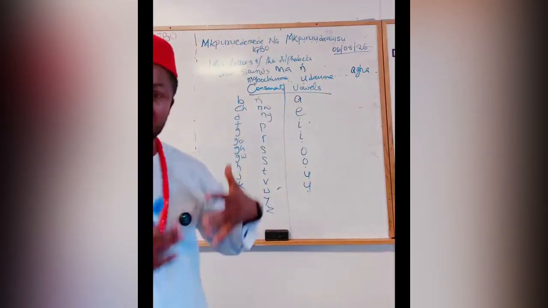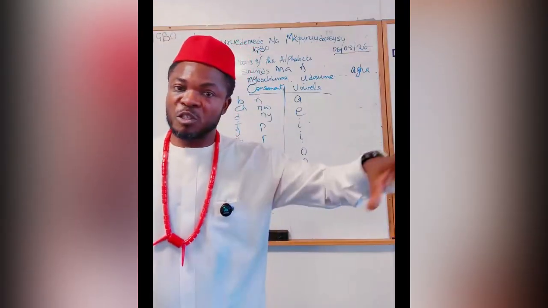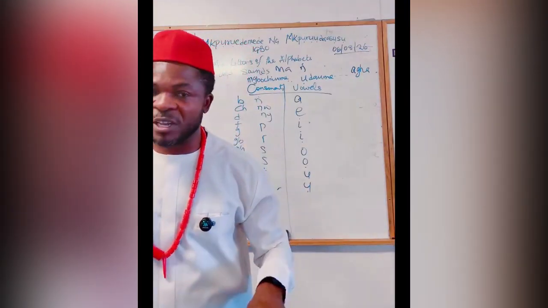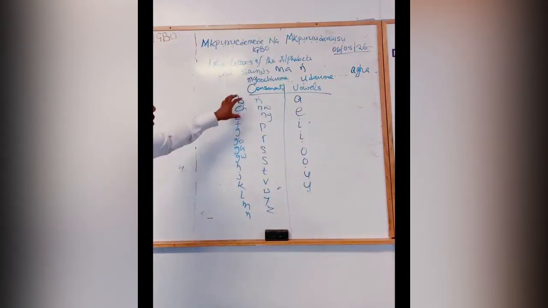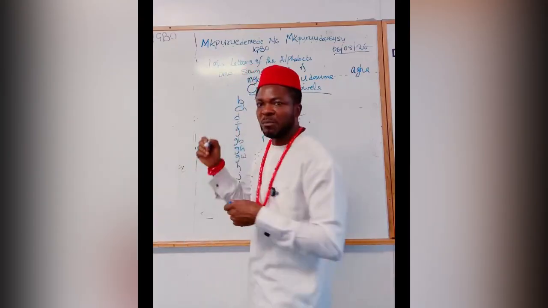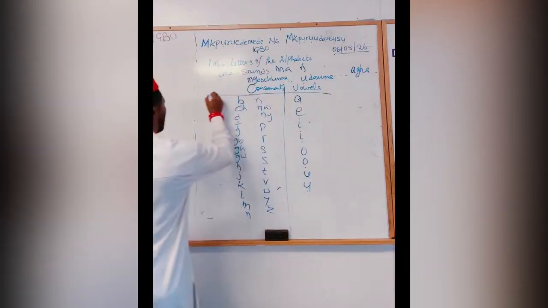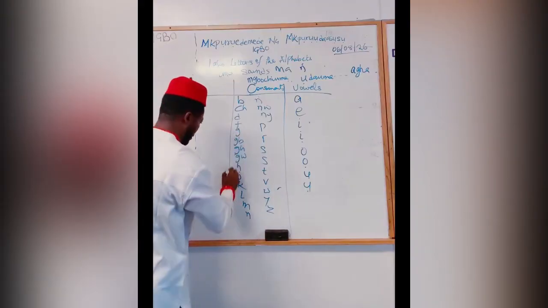All right, I am trying to come to the conclusion and summary of our conversations today as we're beginning to round off. Now, I am going to go to additional. Let me see. Okay, let me do it here. The consonants.